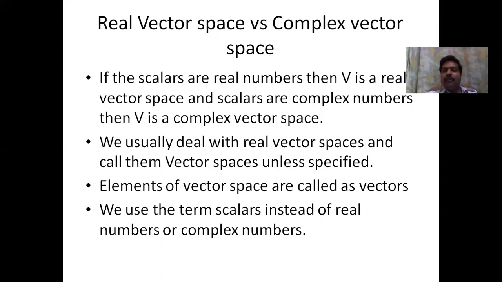It may be any object, a pen, a pencil, anything, provided a vector addition and scalar multiplication are properly defined and those two operations satisfy all the 10 conditions which we have seen earlier. So if all those 10 conditions are satisfied with two binary operations on a set, we can consider the set as a vector space, and the elements of that vector space are called vectors.